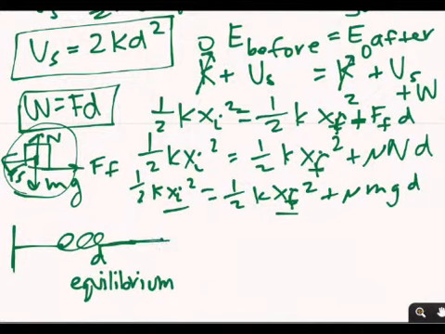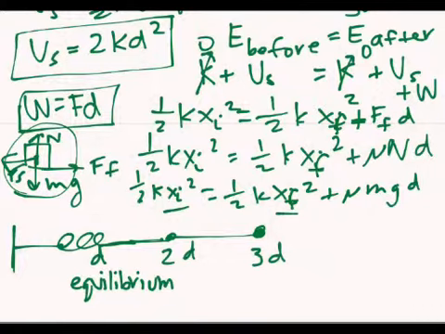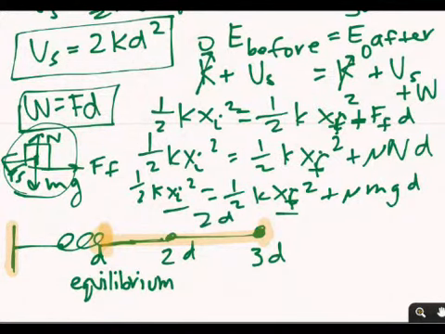And then we also have 2D, which was one position it was at, and 3D, which was another position. So our initial position is here at 3D. However, that is being measured from here for some reason, and we want to be measuring it from equilibrium. So the distance to the starting position is actually a distance of 2D.